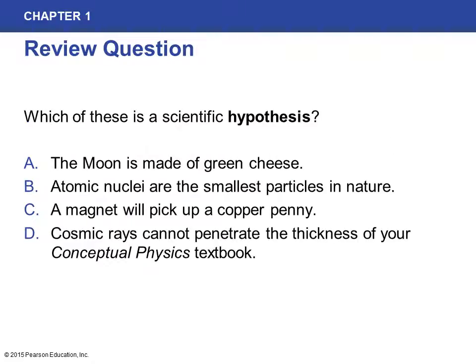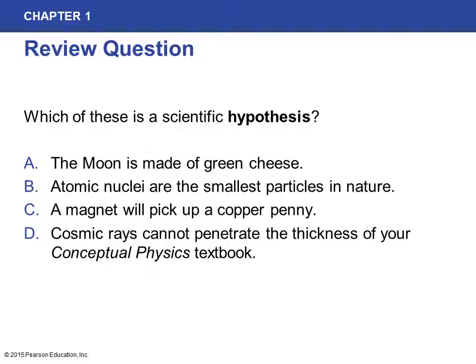Let's go through a few questions next. Which of these is a scientific hypothesis: that the moon is made of green cheese, that atomic nuclei are the smallest particles in nature, and a magnet will pick up a copper penny, or that cosmic rays cannot penetrate the thickness of your conceptual physics textbook?